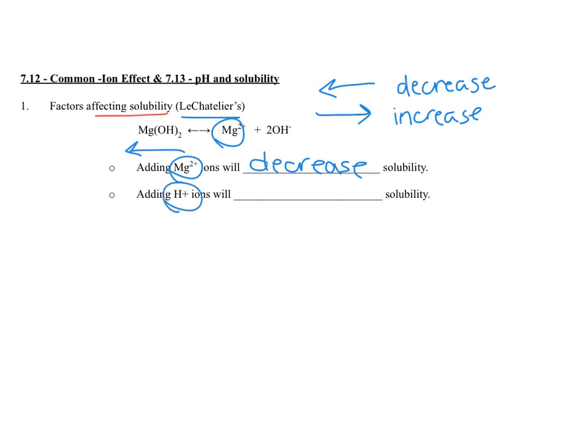Adding hydrogen ions. Couple things that you need to know about this. Hydrogen ions come from acids. So sometimes they'll word the question, what happens if we make the solution more acidic? Also, when we make a solution more acidic, we're lowering the pH value. So you might see it worded this way as well, same type of question.